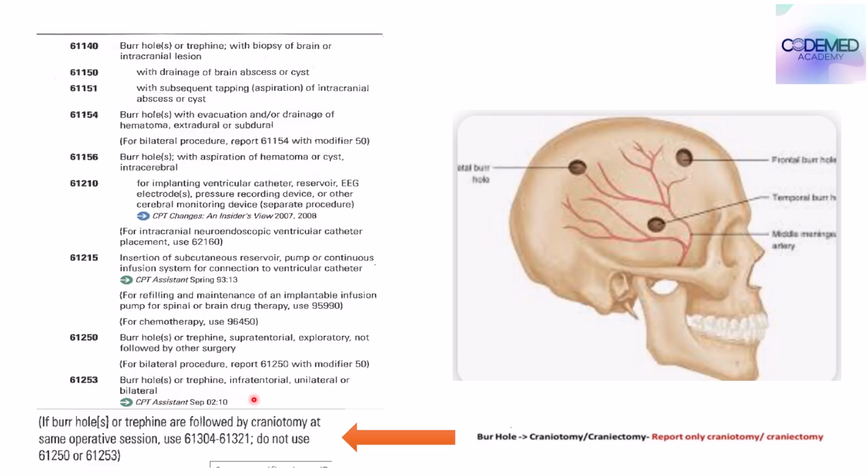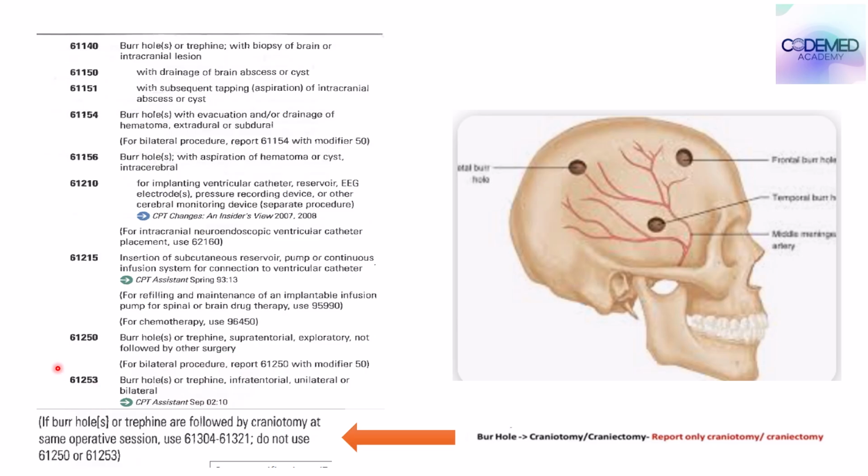And then if you look at the code 61250, it is for the supratentorial exploratory, not followed by other surgery. So this is a burr hole where we do the exploration. And here there is an important note that for the bilateral procedure, we need to put a modifier 50, and then there is the burr hole or trephine with infratentorial, unilateral or bilateral.